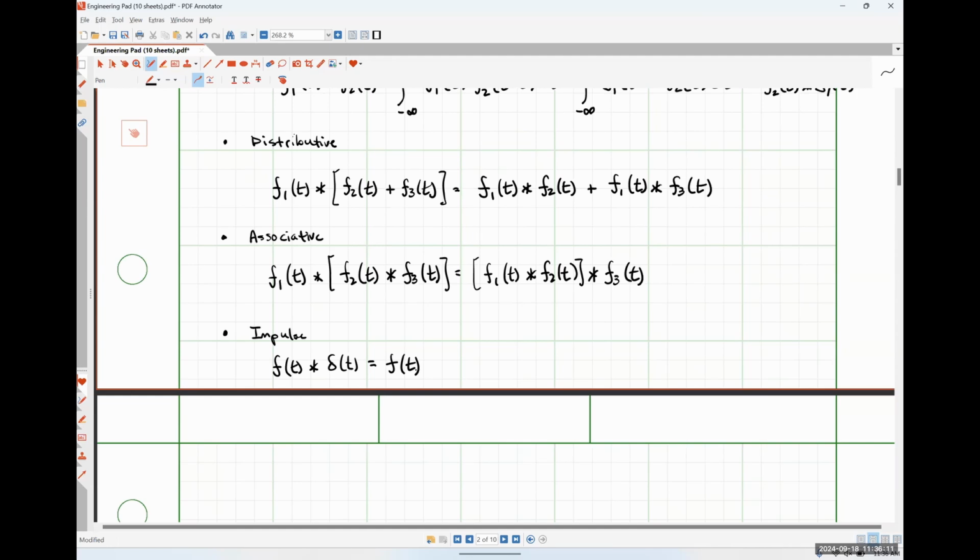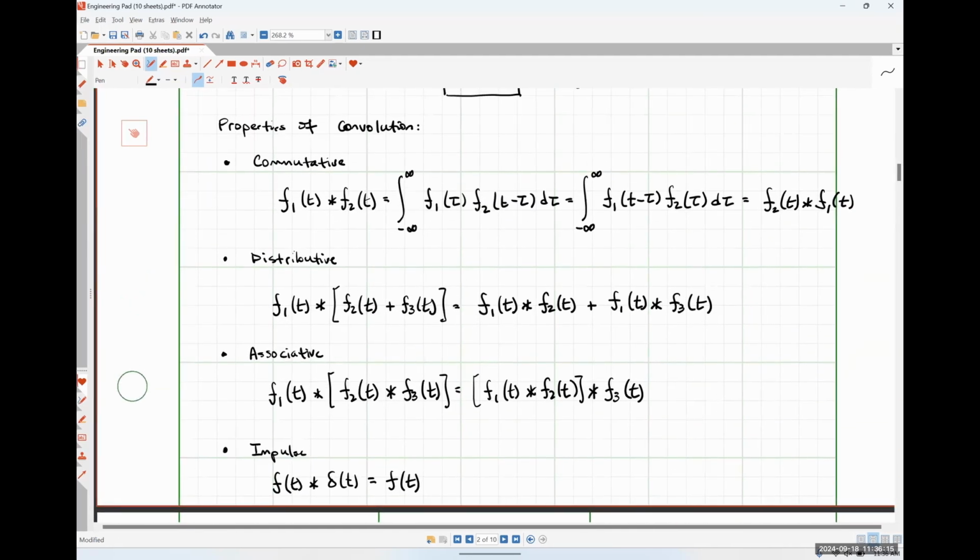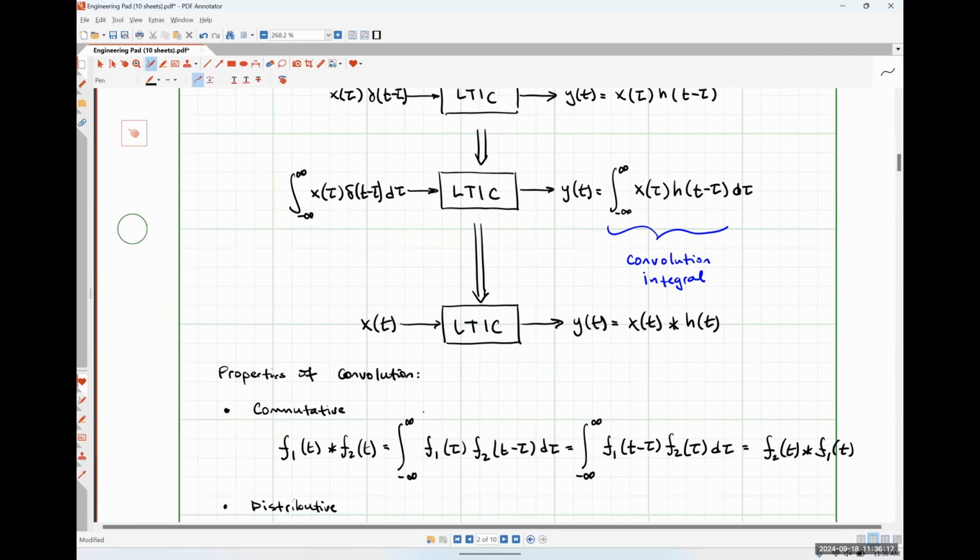So in our definition of convolution, all of this negative infinity doesn't matter. We can start our integral at t equals 0 because all of our signals and responses only exist for t greater than or equal to 0.